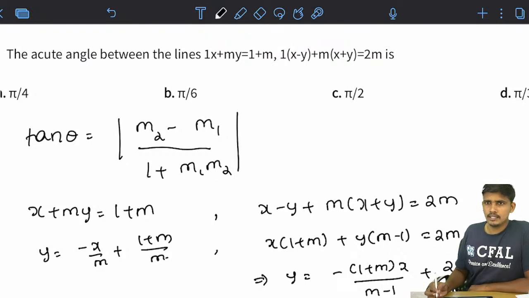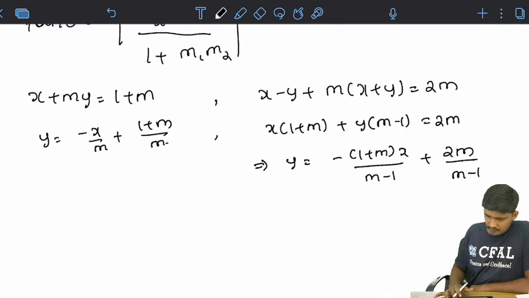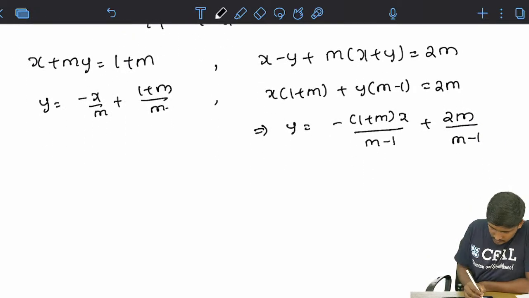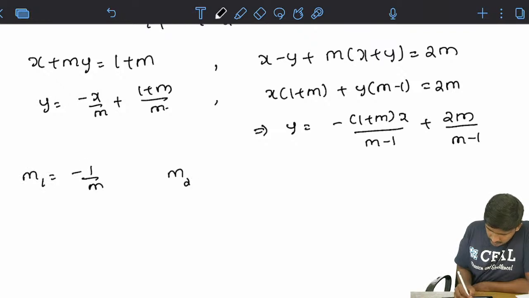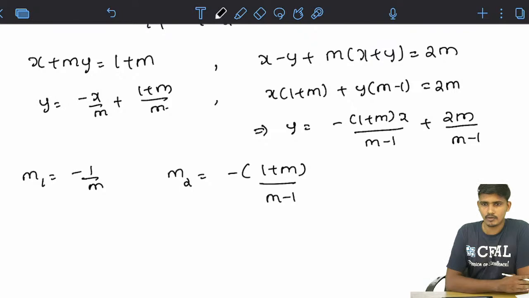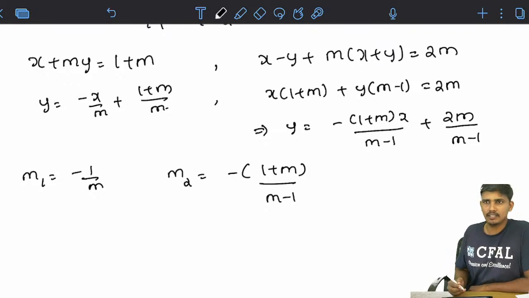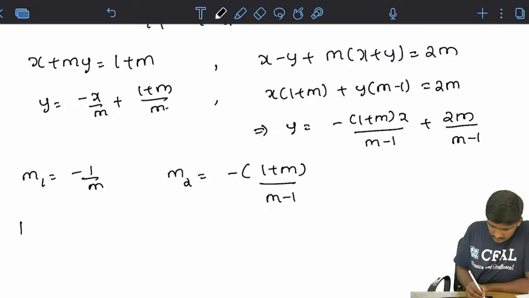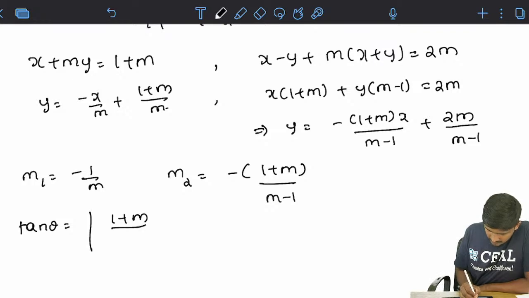Now the slope of the first line, m1, will be equal to minus 1 by m, and m2 will be equal to minus of 1 plus m divided by m minus 1. This will be the slope of the second line. Now just apply the formula tan theta is equal to m2 minus m1 divided by 1 plus m1 into m2. So tan theta will be equal to the magnitude of 1 plus m divided by 1 minus m.